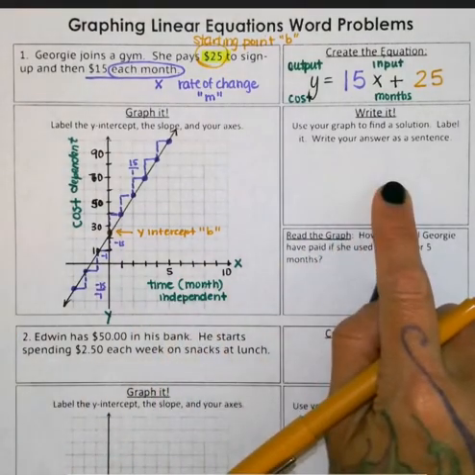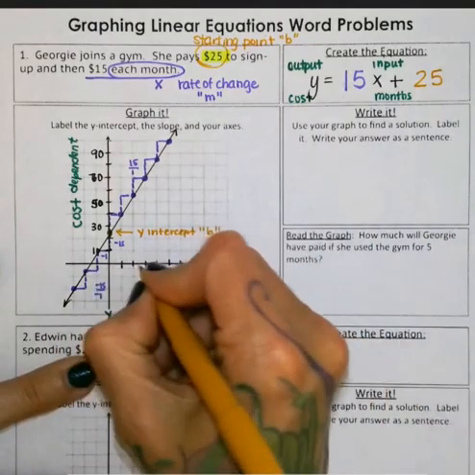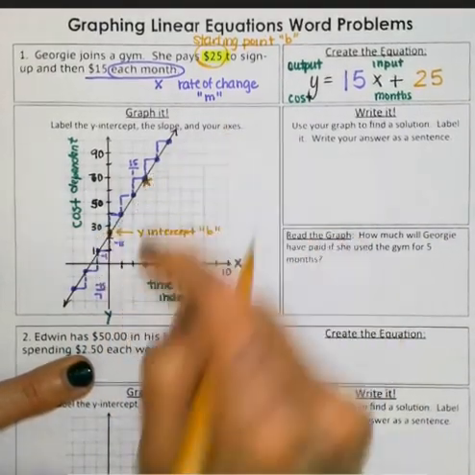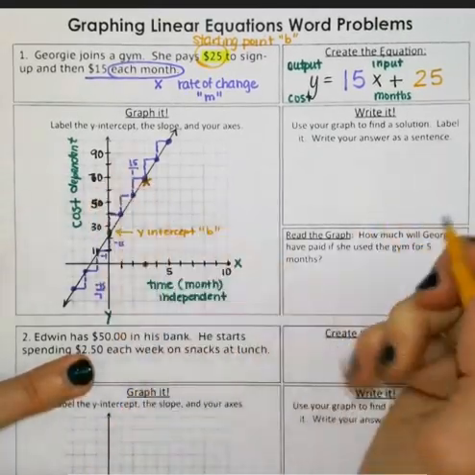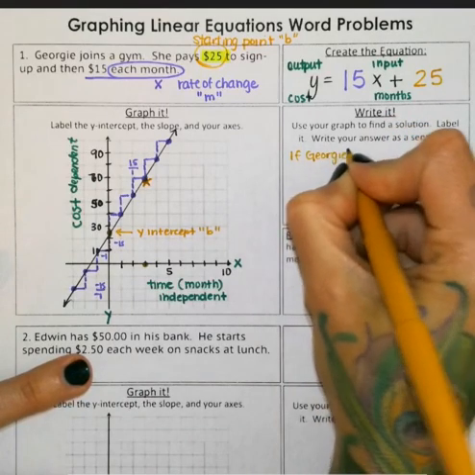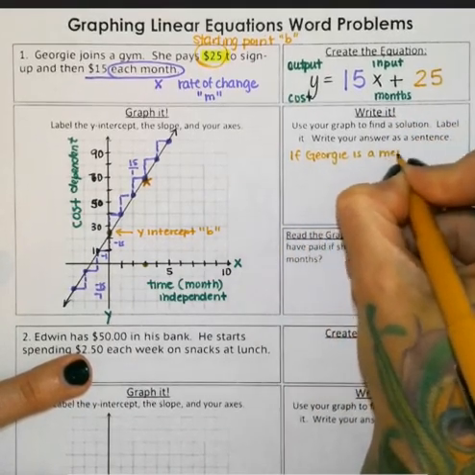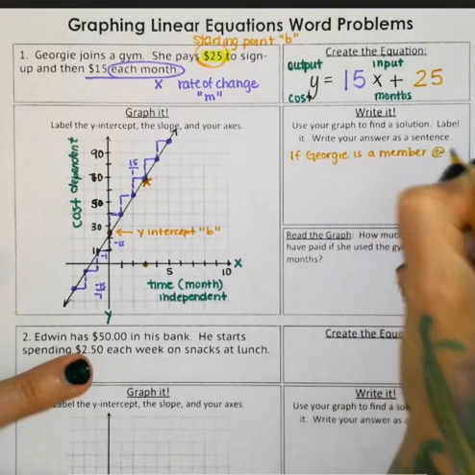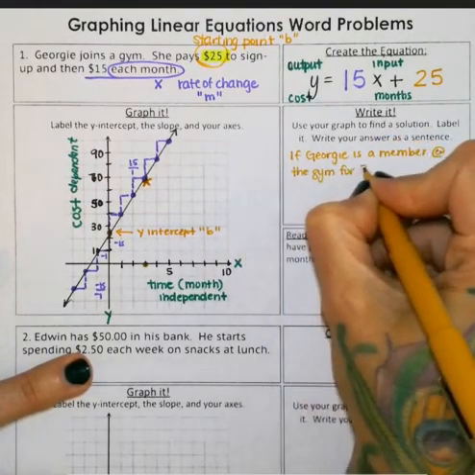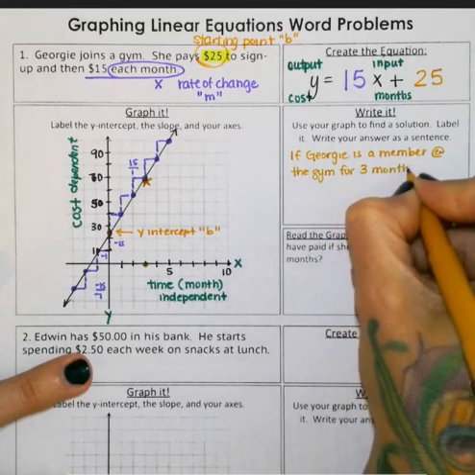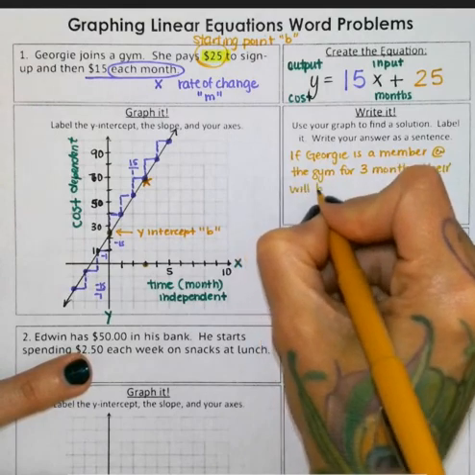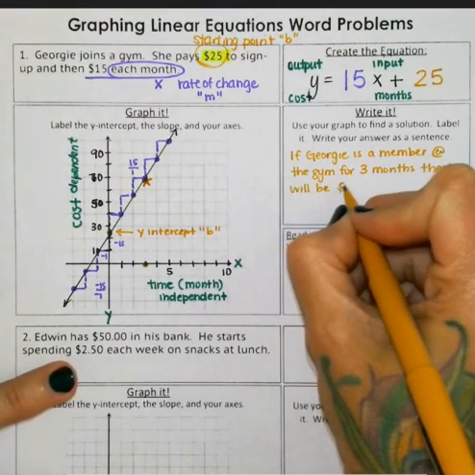So we're going to write a sentence about this. So let's pick a month. How about, let's go with 3. We're going to go up here and we find our 3. So at 3 months, it's going to cost $70. So if Georgie is a member at the gym for 3 months, their cost will be $70.